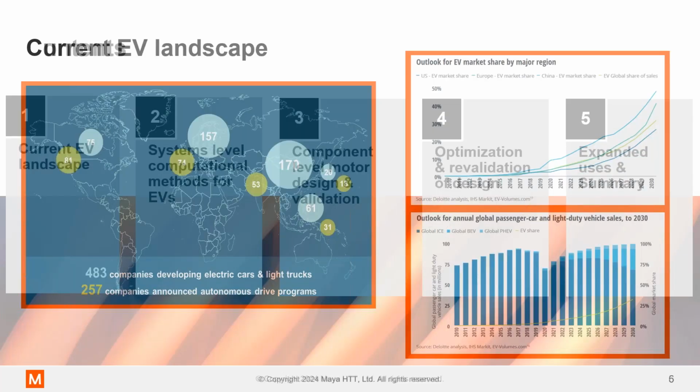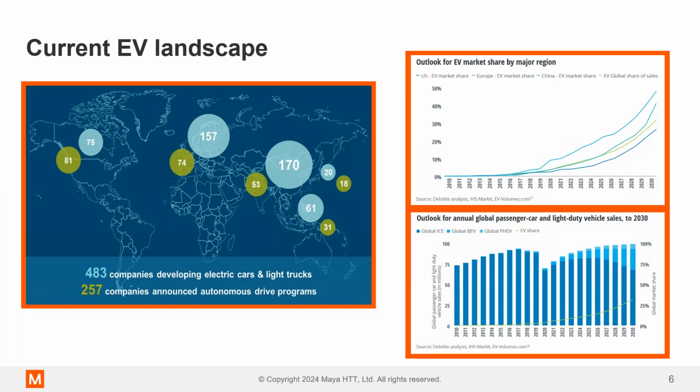So, the current EV space, I'm sure plenty of you have an idea what the EV space is like at the moment, but it's absolutely booming. We see a lot of interest from lots of different companies, both established and companies who are total startups and trying to get in on what seems to be looking like a big industry in the near future.